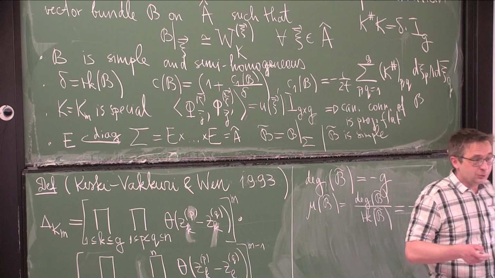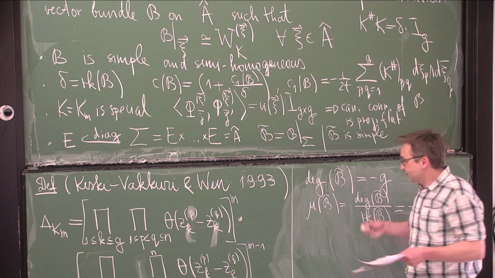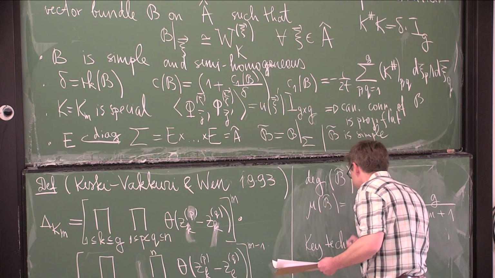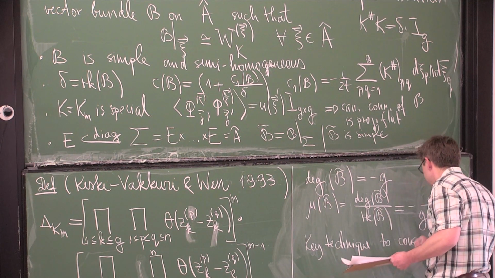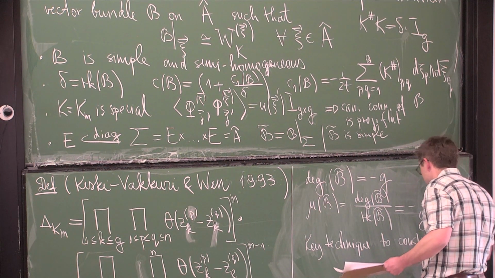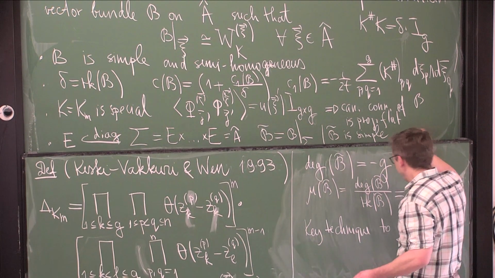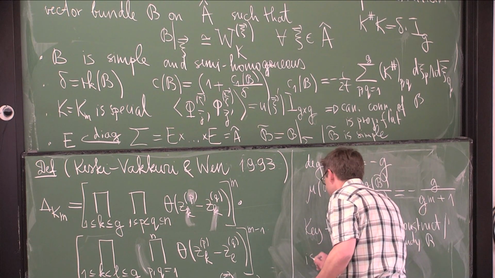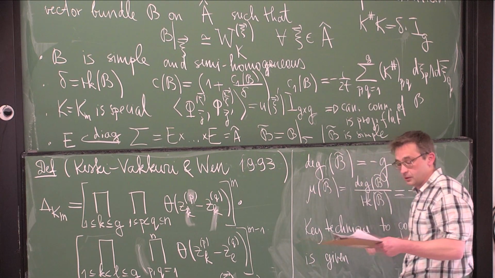I wanted to negotiate about extra time, but I fear I'm not in a position to negotiate. So I just want to say that the key technique to construct and study B is given by the formalism of Fourier-Mukai transforms and derived categories of coherent sheaves on abelian varieties.